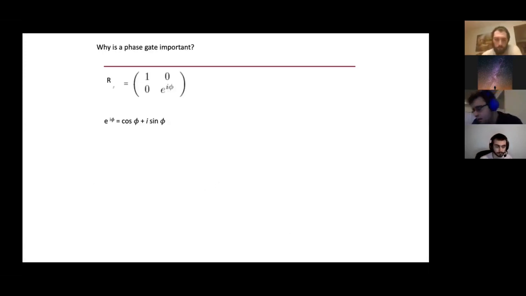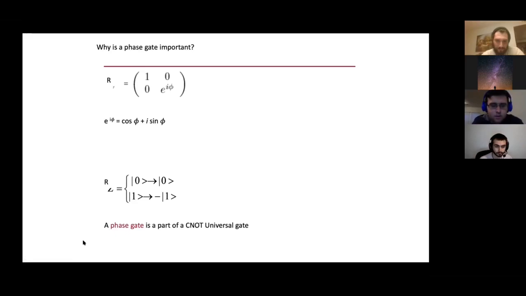So why is a phase gate important? Again, it's because you can change your states into other states while leaving some states the same. A phase gate itself is part of what's known as a universal gate set, which is used in quantum computers.